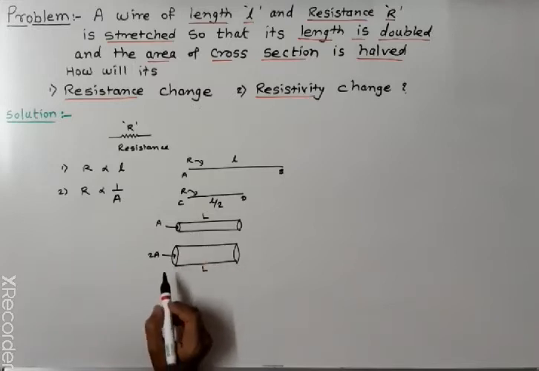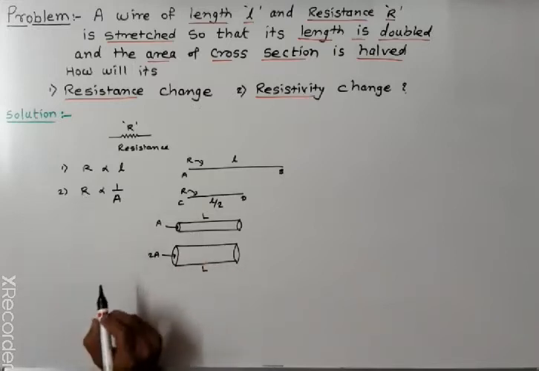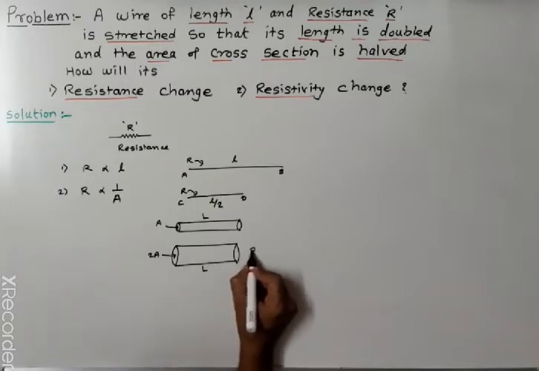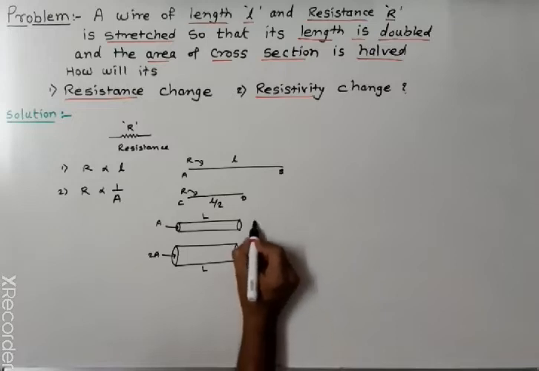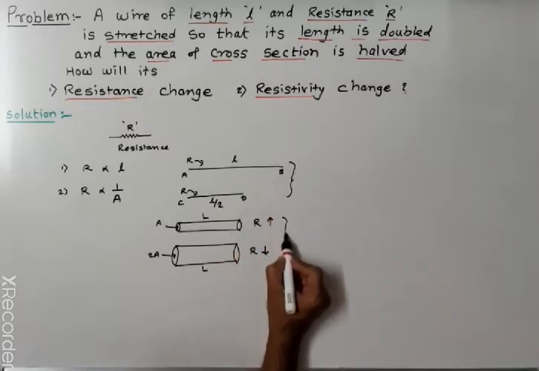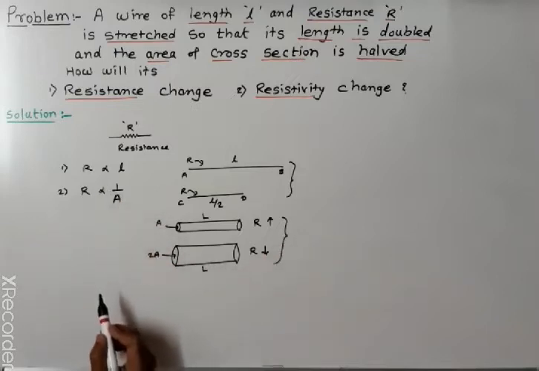So in this case the resistance will be less, and in this case the resistance will be more. On these two factors, the resistance of the conductor depends.